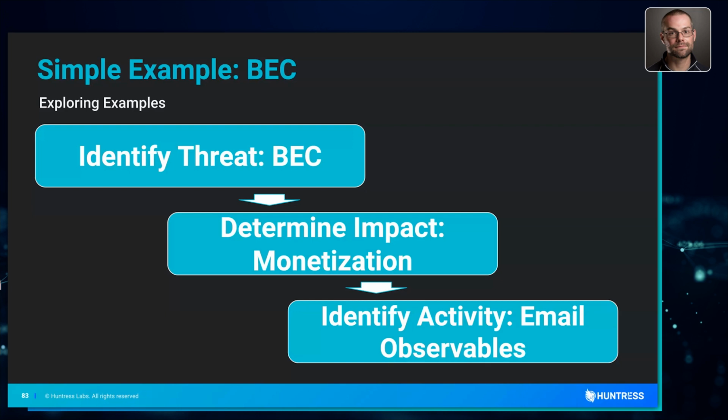Now, certainly if we're not capturing email logs or exchange logs or similar, depending upon your environment, these may be questions that you can't answer. And so it will be necessary to figure out alternative routes of approaching the problem. But the central idea of identifying threat, impact, and then how to capture that threat scenario within available data is what we are striving for in coming up with a threat hunting program.